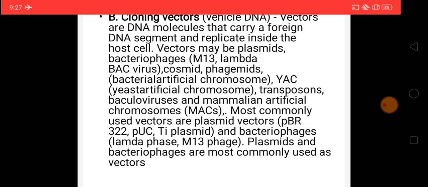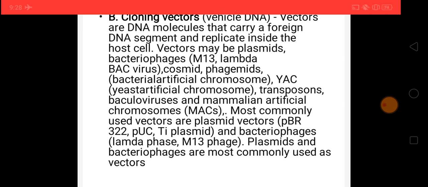The bacteriophage includes M13 or lambda virus. Another is the cosmid. Next are phagemids, bacterial artificial chromosome or yeast artificial chromosome. All these vectors are used for carrying the desired gene as vehicles. Out of these, the most commonly used vectors are plasmid vectors and bacteriophage.